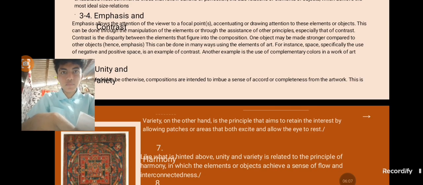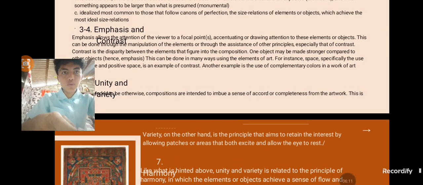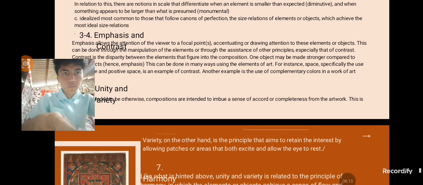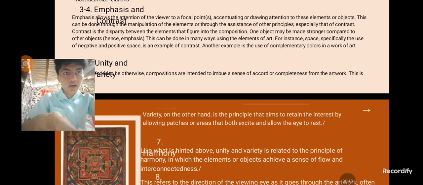Emphasis and contrast. Emphasis allows the attention of the viewer to be drawn to focal points, accentuating or drawing attention to these elements or objects.